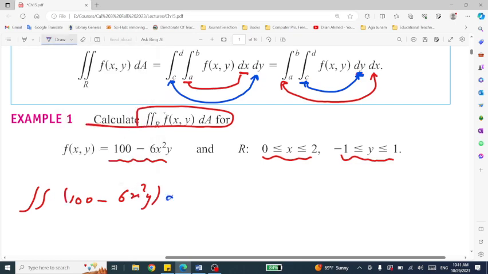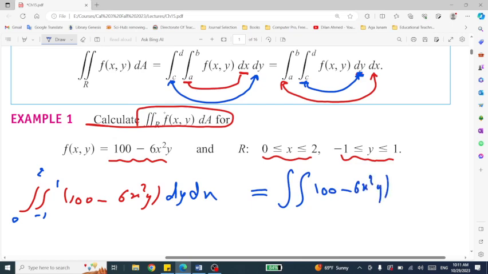I should be careful. I'm going to put 0, 2, minus 1 and 1. Am I right? Which is equal to the double integral of 100 minus 6x squared y dx dy, here with limits minus 1, 1, 0, 2.